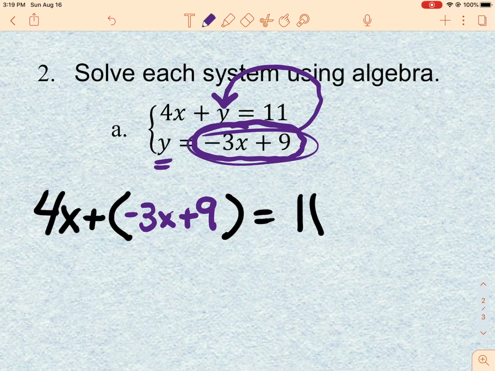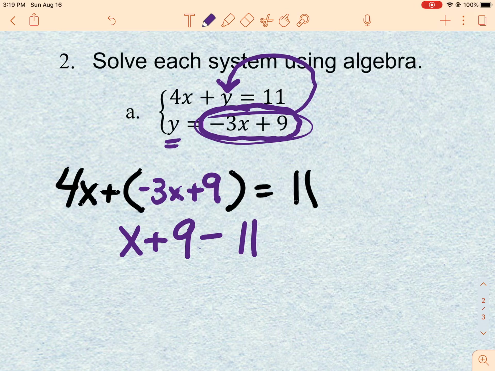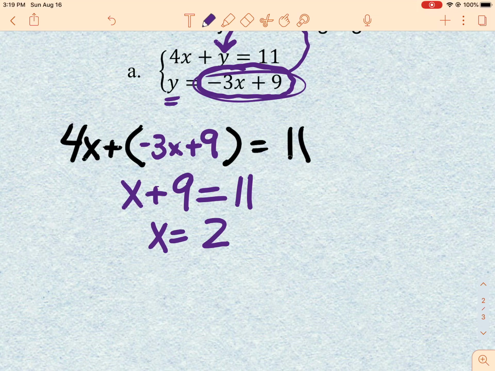So then if I combine like terms and solve, I have a 4x plus a negative 3x, which is a positive 1x. Then I have a plus 9 equals 11. Subtract 9 from both sides, and you're getting x equals 2.